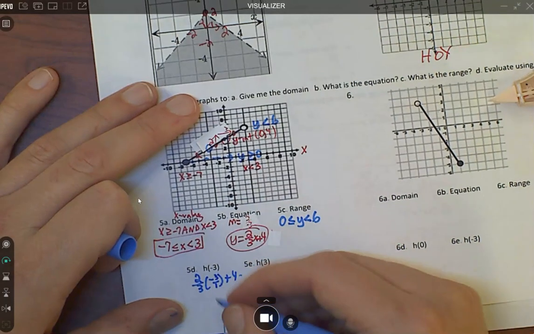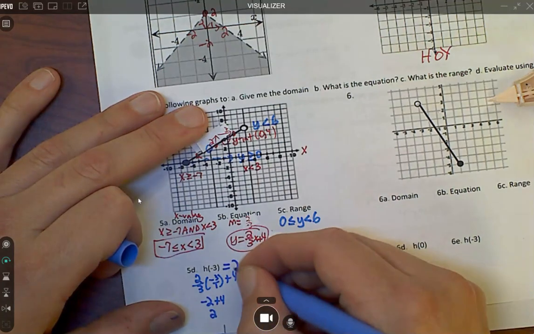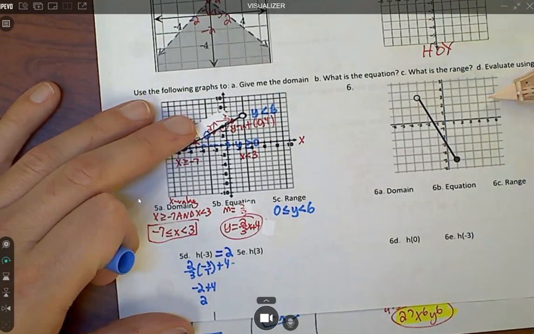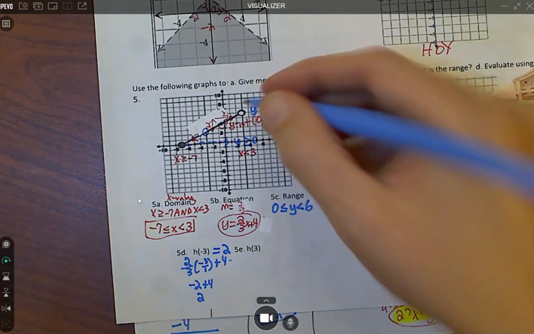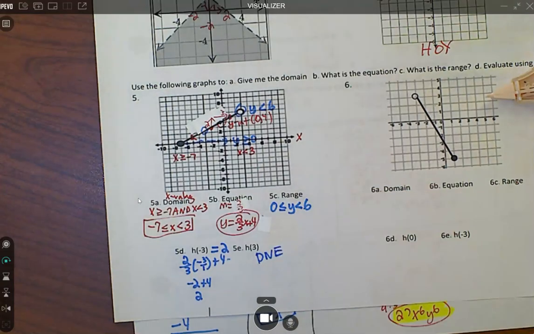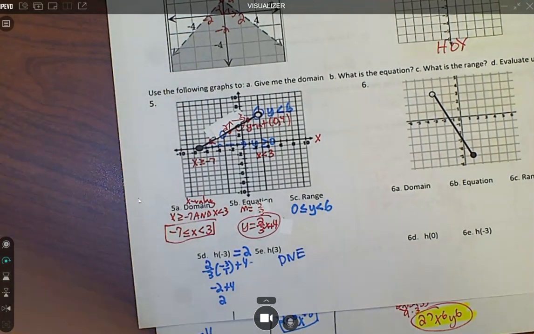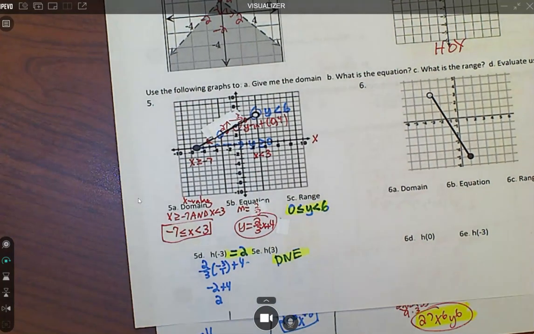This is a bad graph. What was I trying to do? I think I'll just throw that question out. H of 3 does not exist. I really messed that one up, but that's what I had in my head. DNE stands for does not exist.